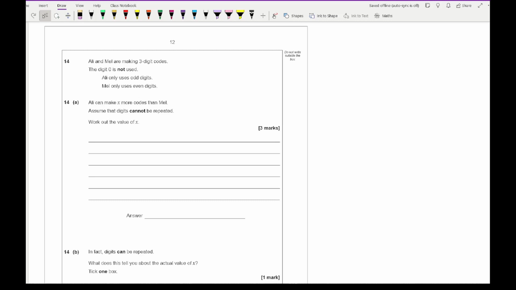So for here, the first thing we need to do is look at the number of combinations. So here, the number of odd numbers out of the single digits, I've got 1, 2, 3, 4, 5, 6, 7, 8, 9. Well, the number of odd digits is 5. Then it becomes 4 because I can't use the first number, and then it becomes 3. So if I do 5 times 4 times 3, I get 60. Now for Mel, again, the number of even numbers is going to be 4.